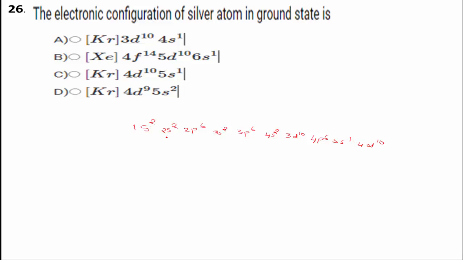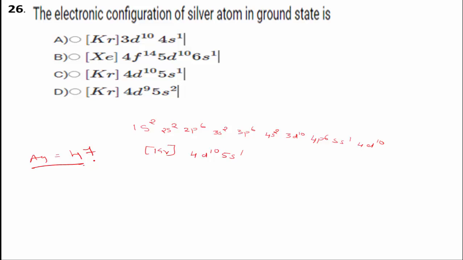Or this electronic configuration also can be written as krypton 4d10 5s1, because the atomic number of silver, Ag, is 47.